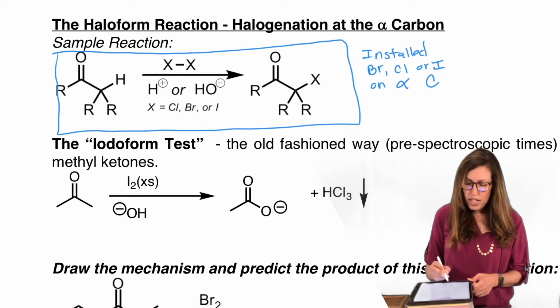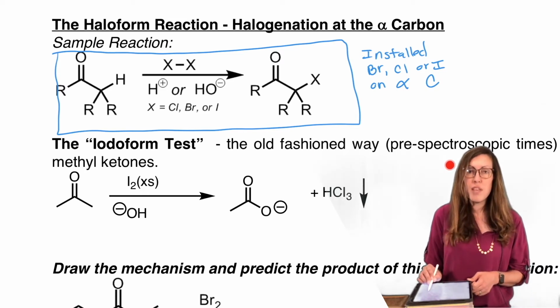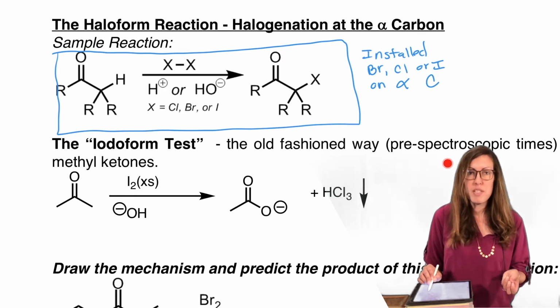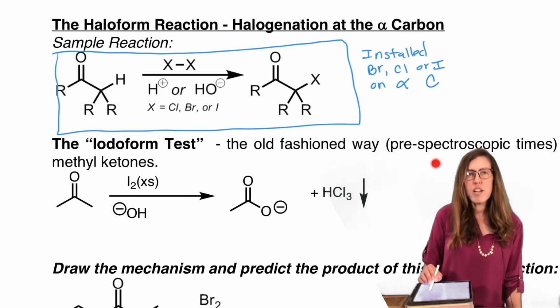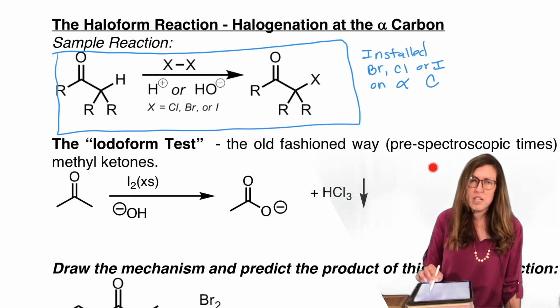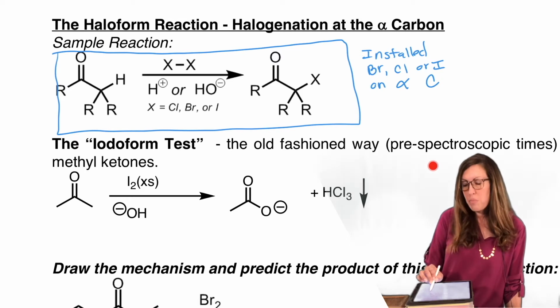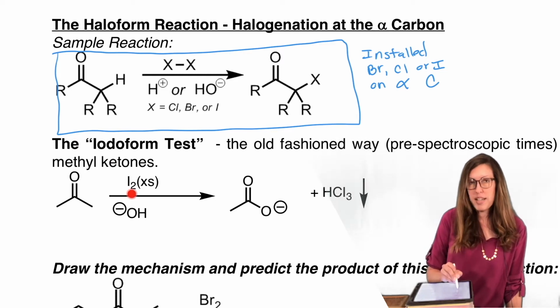Now, in the old days, spectroscopy was not available to tell chemists what was in their unknowns. So if they were trying to identify the structure of a compound, or at least the functional groups present, they couldn't just put it in an IR. So one really popular test was this haloform reaction, also known as the iodoform test, specifically where they used I2.